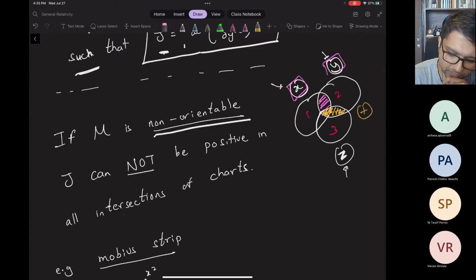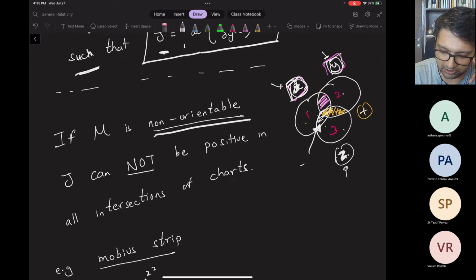Then the Jacobian in the intersection of 1 and 3 may turn out to be negative. Once I fix X, which is an arbitrary choice, Y gets fixed by the demand that 1 and 2 must have the same orientation. Then similarly, Z gets fixed by the fact that 2 and 3 must have the same orientation. And now I don't have the freedom to fix X or Z anymore.